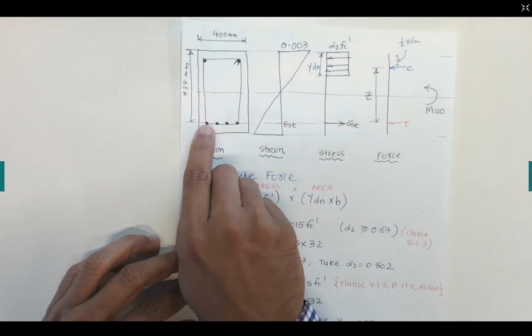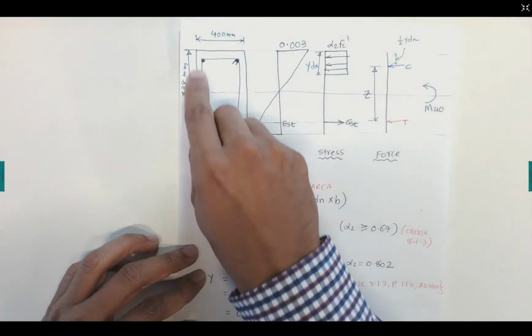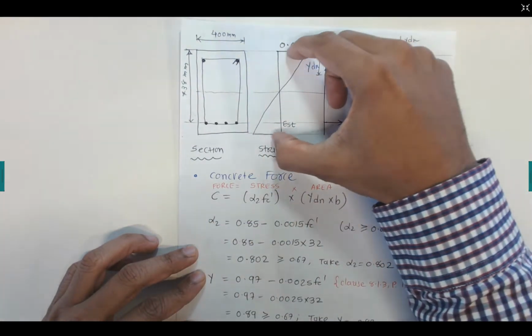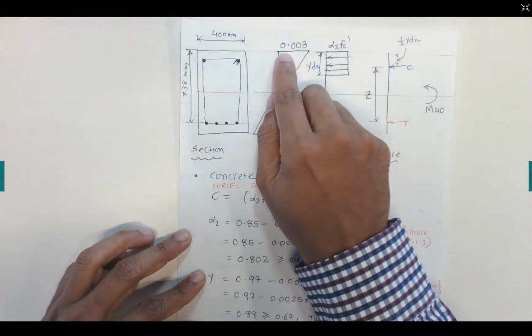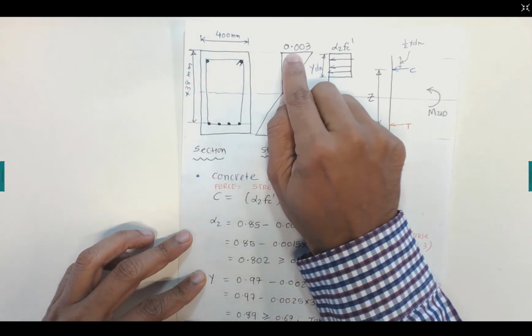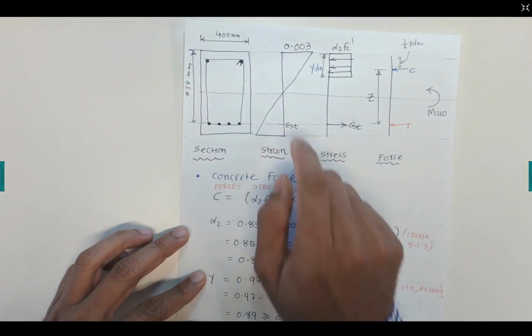Please note this is measured from the center of these N24 bars to the top edge of the beam. Now the maximum concrete compression strain is 0.003, as given in the Australian standard.